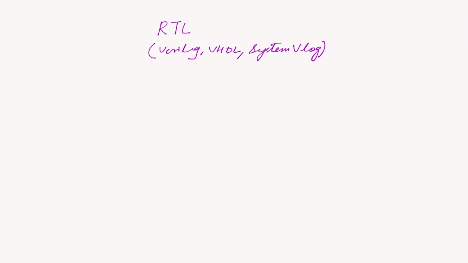So that IP that I explained before, its digital part is written in RTL. Okay, and its analog is designed in the form of transistors. Okay, so the analog part will be smaller.